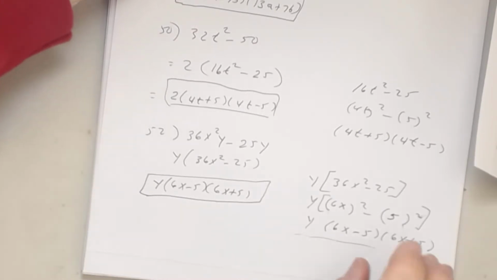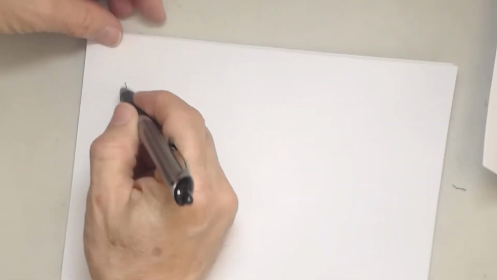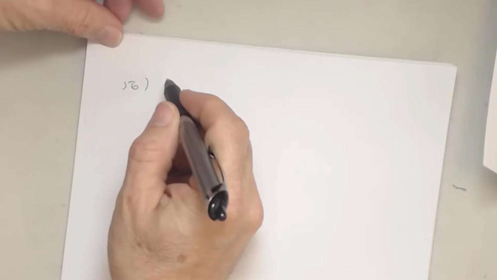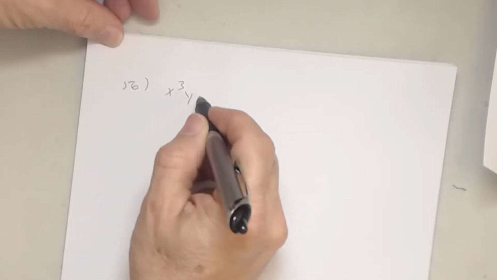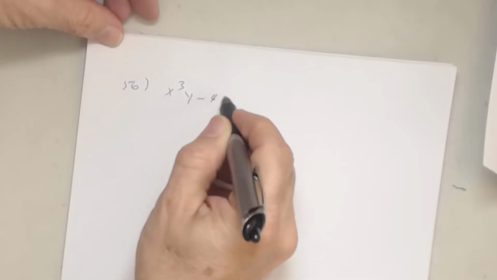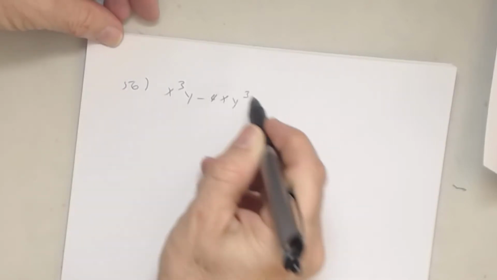All right, 56. See, it's not difficult. It's fairly easy. So this is the difference of two squares. You have x cubed y minus 4xy cubed.